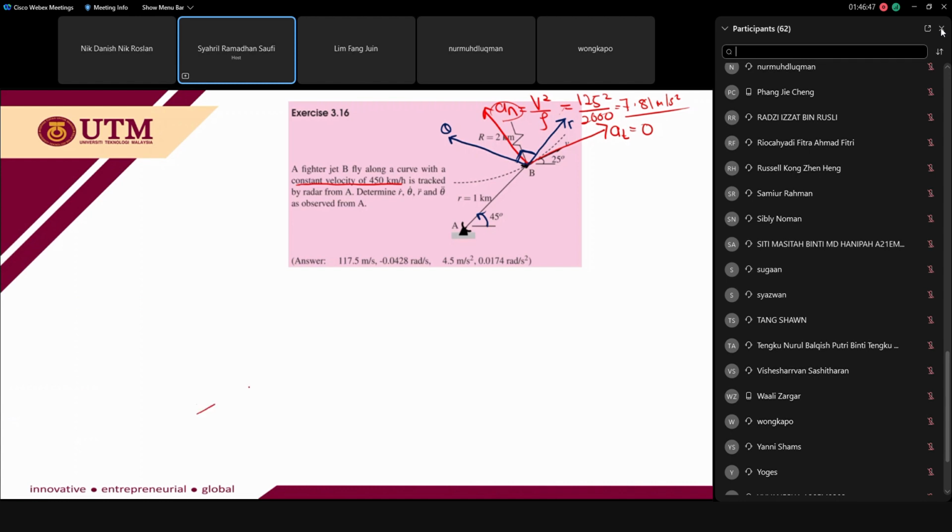This is T, and then 25 degrees, and then I have N at 90 degrees to T. Then I have R, 45 degrees, and then theta is 90 degrees to R.